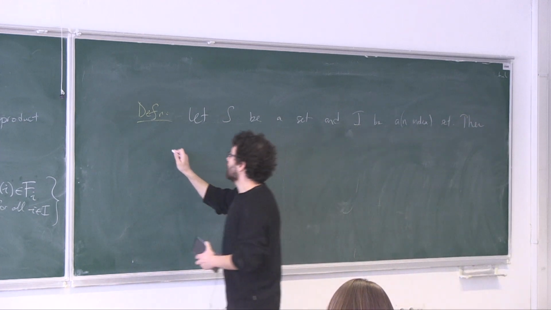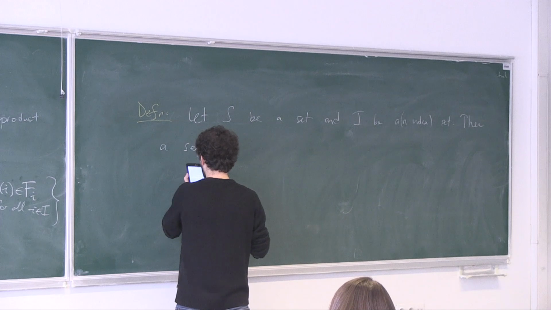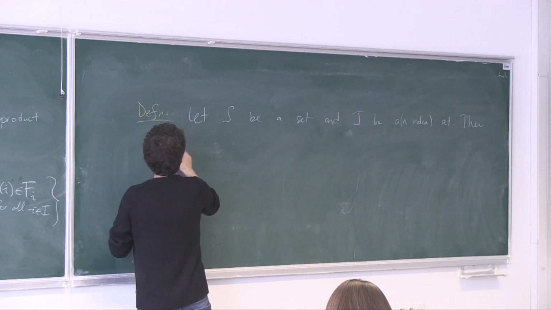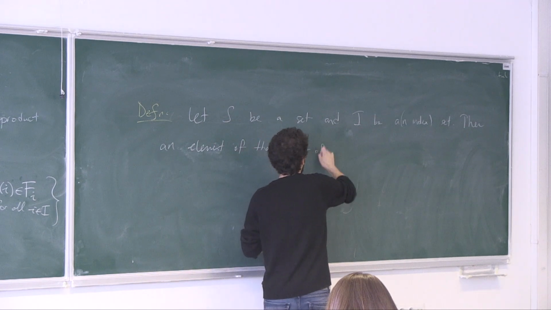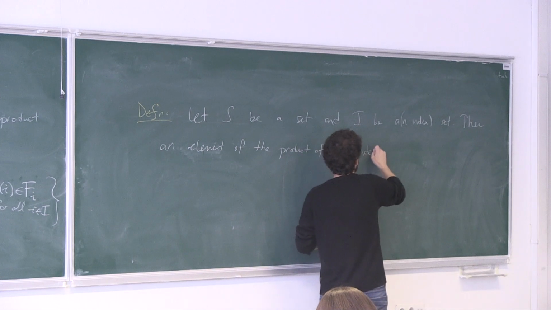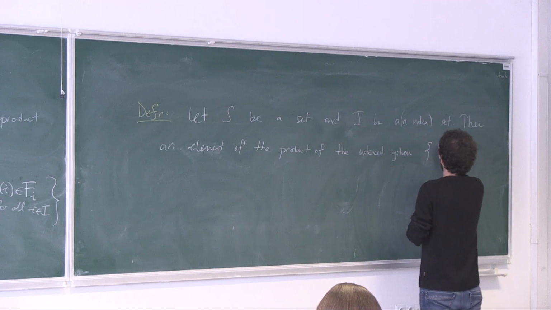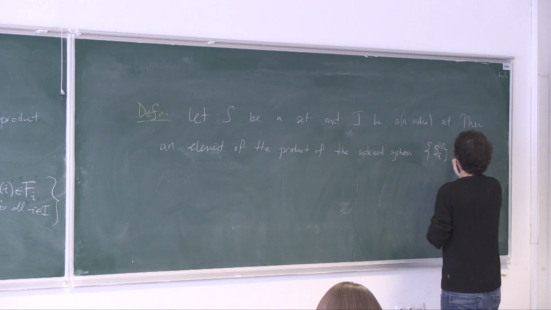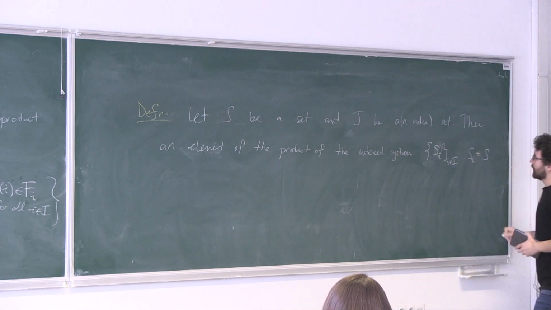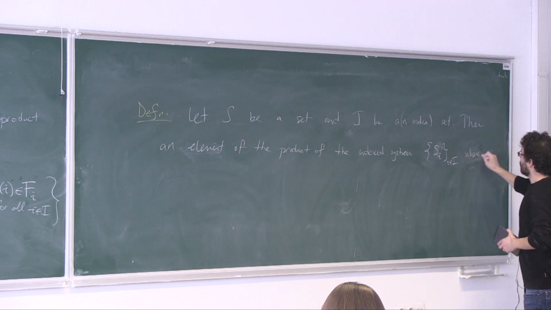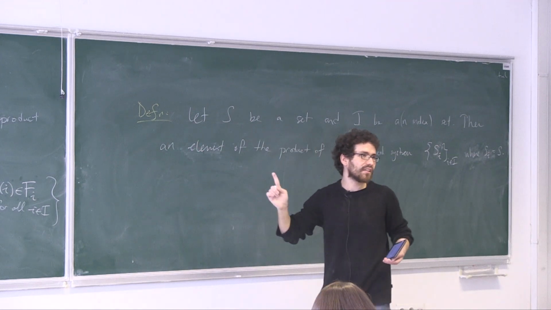Then a sequence, an element of the product of the indexed system S sub i, i in I, where S sub i equals this fixed set S. So my function f here is simply the constant function.